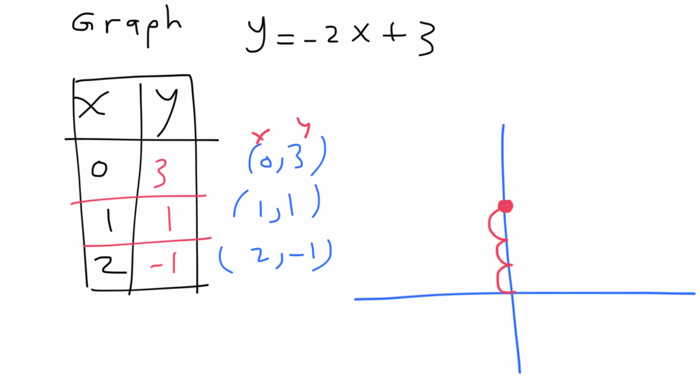Now let us do the second point, 1 and 1. Where is 1 and 1? On the right, one step, right? Here, and then also up one step, so you come here. That is 1 and 1. This is the second point.